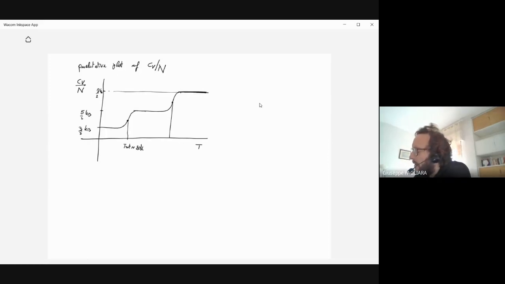Then after that, we will encounter T rotational, which we said is of the order of 80 Kelvin. And at this point, the heat capacity per particle will increase until it reaches a plateau. This plateau, which corresponds to 5.5 kB, is where I'm adding 2 more quadratic degrees of freedom.